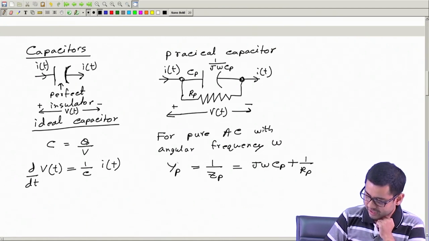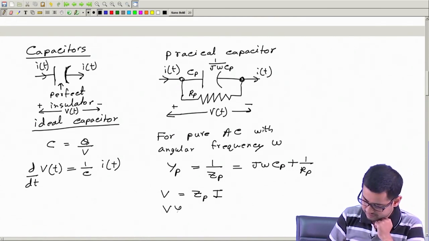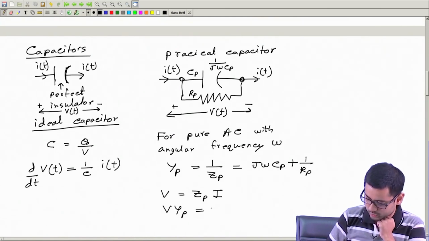This is the total admittance of this circuit, and therefore you can write V multiplied by Yp is equal to I, where V and I are phasors. So, this is the relationship between voltage and current.